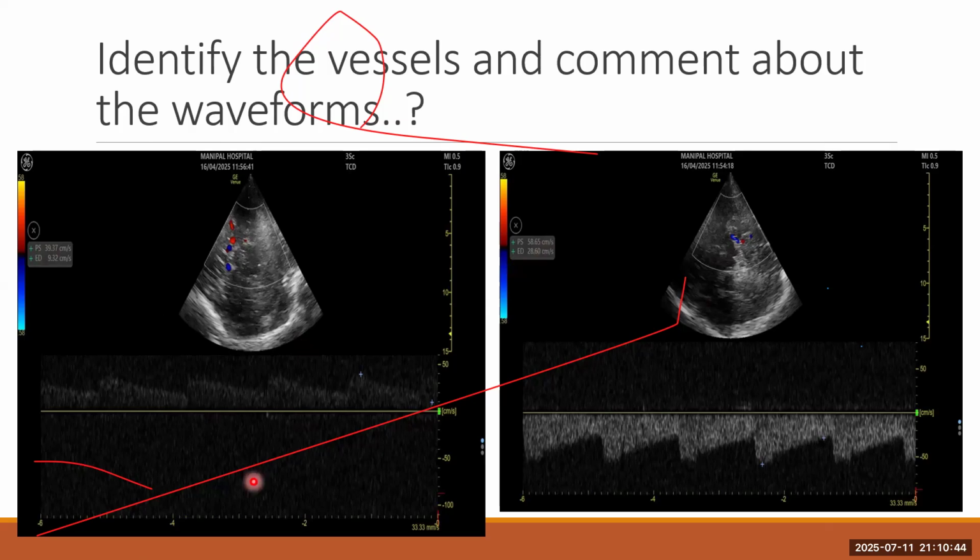Can P2 be higher than P1? This was a patient around 30, 34 years old. So if there is no stenosis, what could be the possible differential diagnosis where P2 velocities are higher than P1 velocities? Anyone?